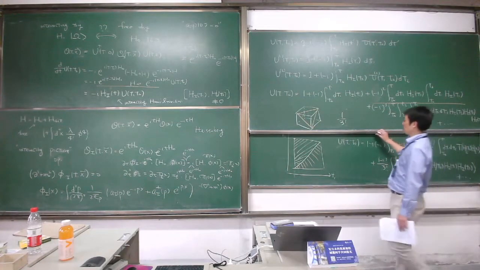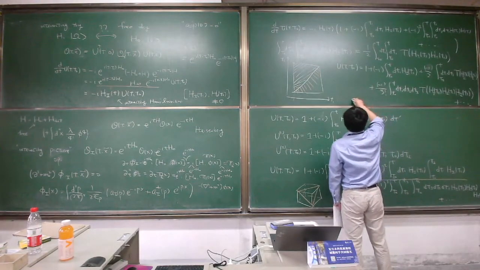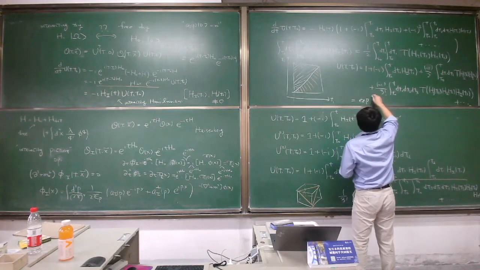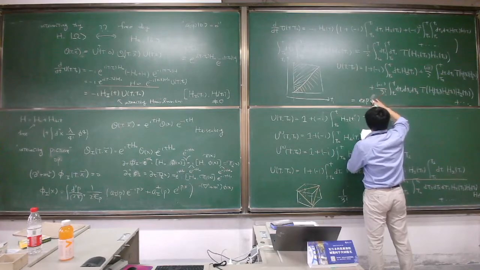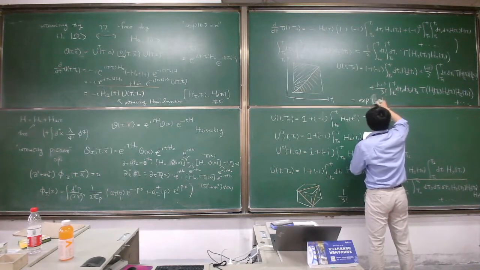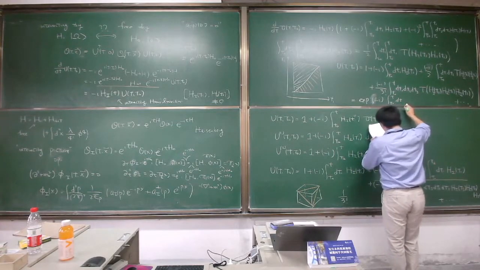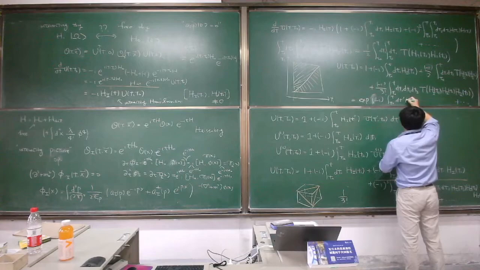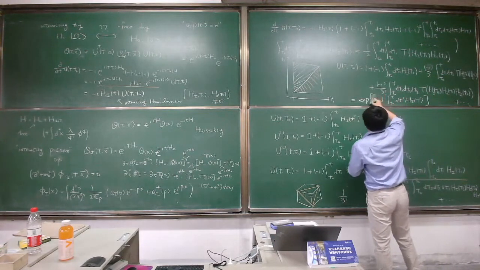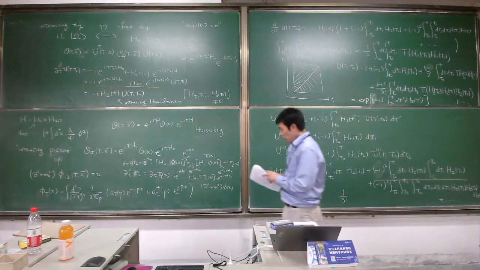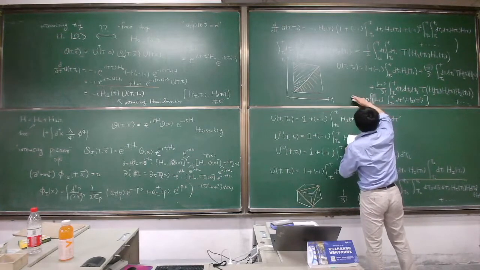So this can be understood as the exponential of the integral of minus i, t0 to t, dt. So you can just repackage it, and then you have to put in time ordering.